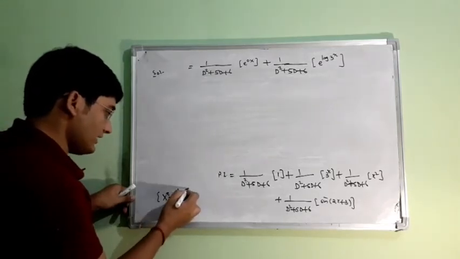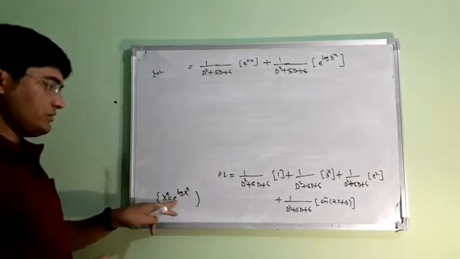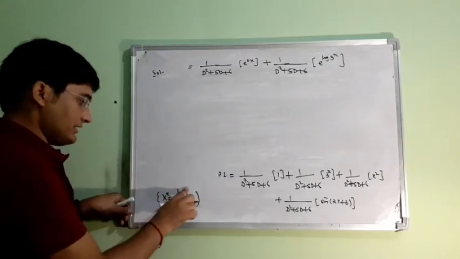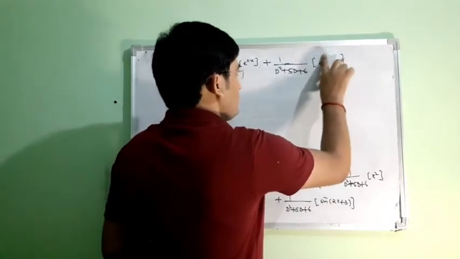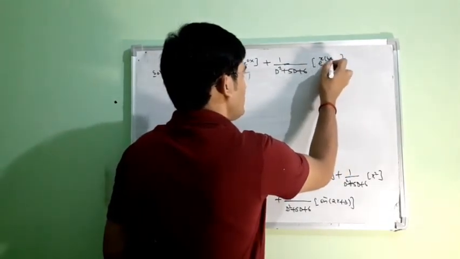So x power a is the same as e to power log x power a, and this a can be taken outside, so this will be x into log 3.